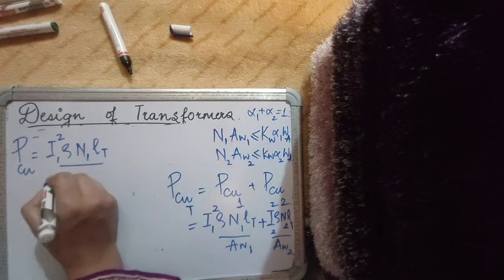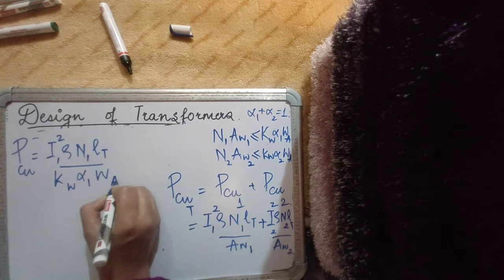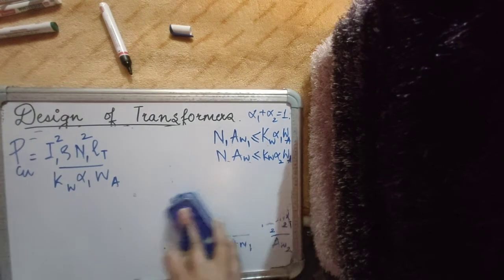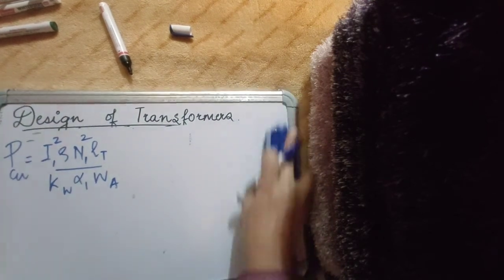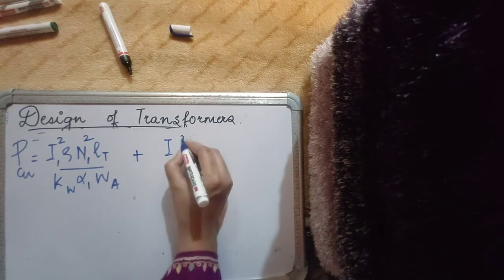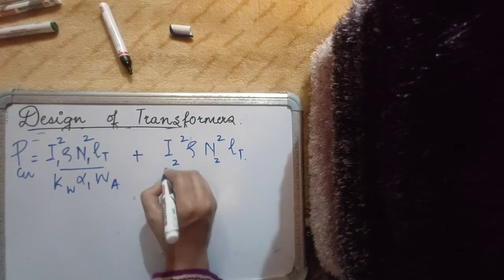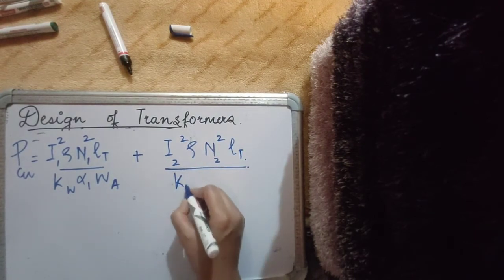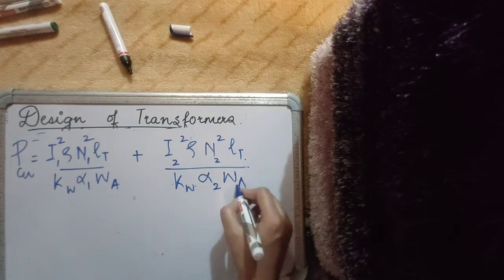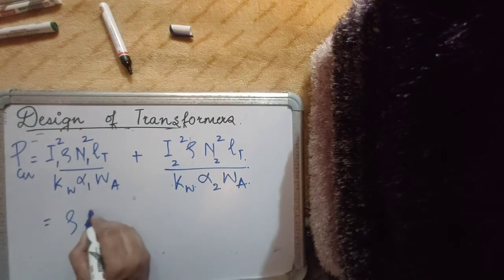It becomes KW alpha 1 WA over N1 squared. All right, and the copper loss in the second winding will be I2 squared into N2 squared length per turn over the window utilization factor into the area allocated for the second winding. This gives us something to work upon.